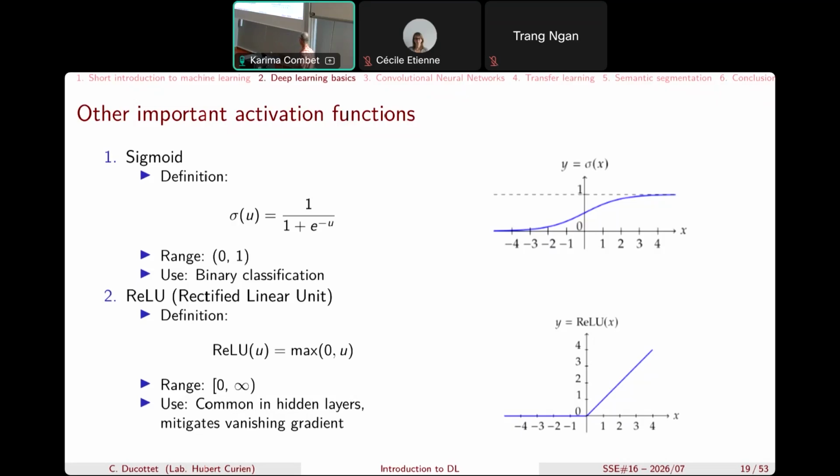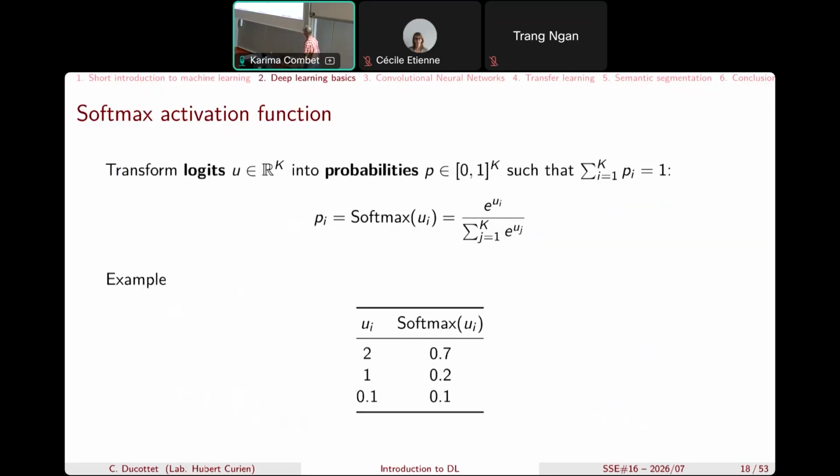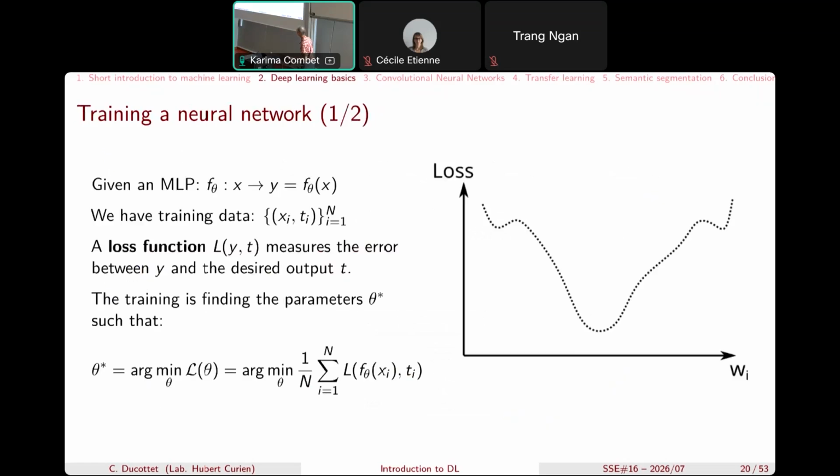The idea is that we want to have 0 as output if the value is negative, and we want to keep the value as it is if it is positive. This activation function has very good properties for convergence issues, so it is very much used. And we have also the softmax that I already presented before.